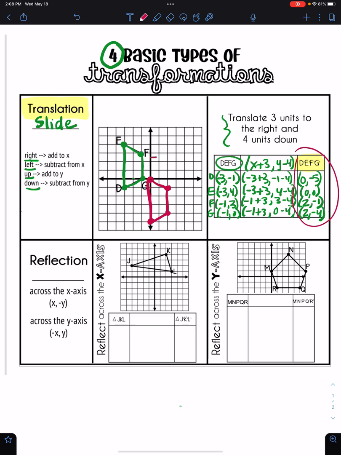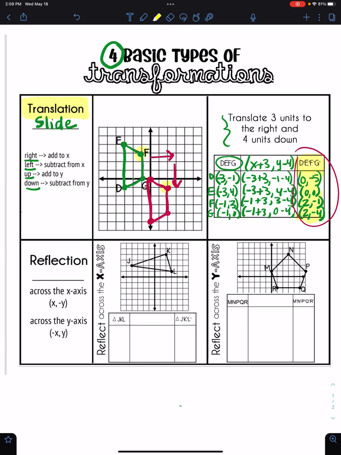It's just 3 units to the right and 4 units down. So you should be able to count from this to this, and it should be 3 to the right and 4 down. So we've drawn our new shape, and we have new ordered pairs. And each ordered pair is 3 to the right and down 4.